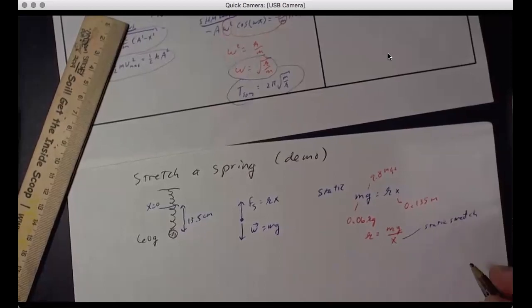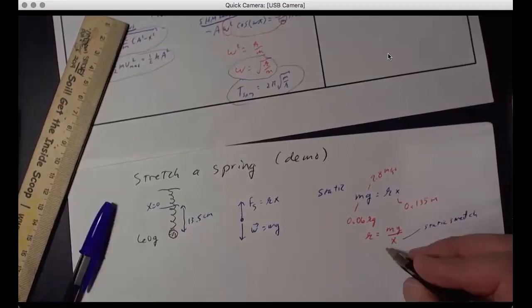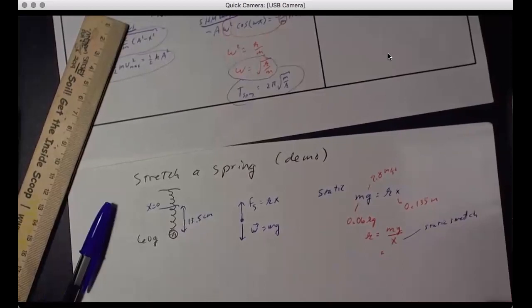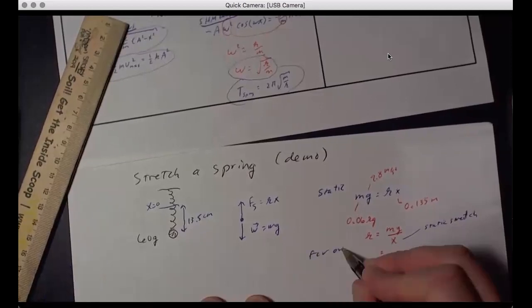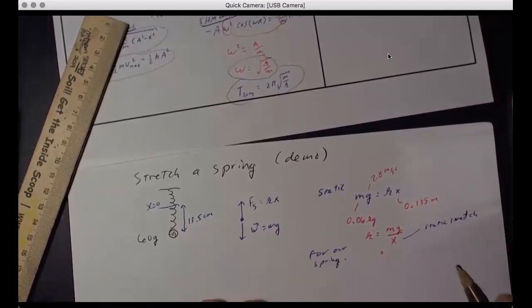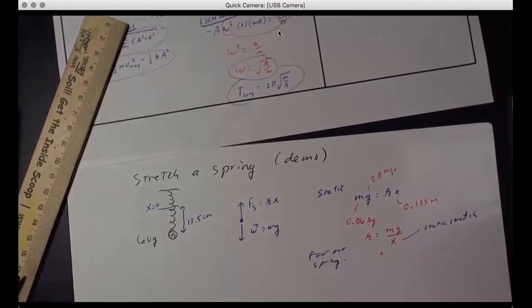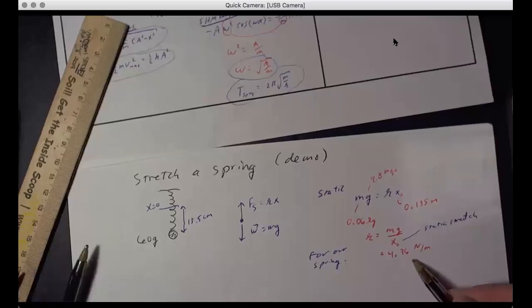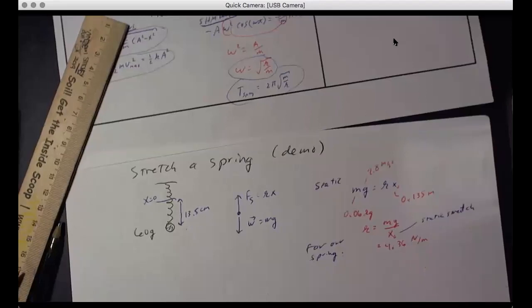Probably should call it something else like d, but it works here. Anyway, we can find k for our spring. We find the following for k, which is 4.36 newtons per meter.